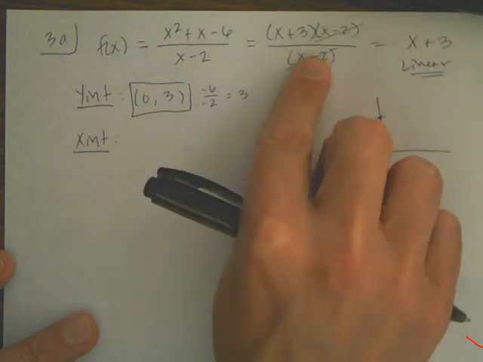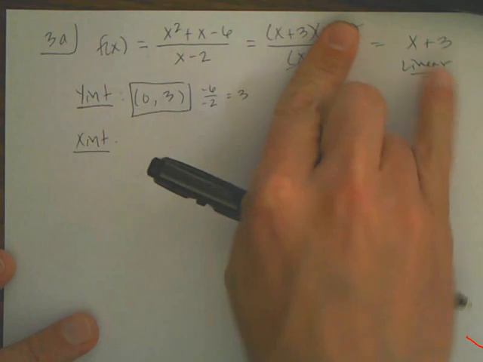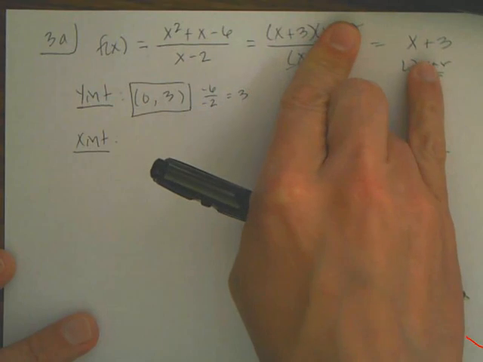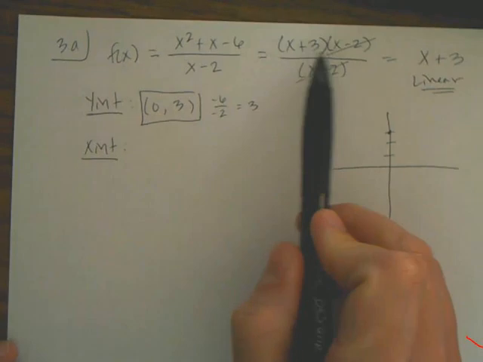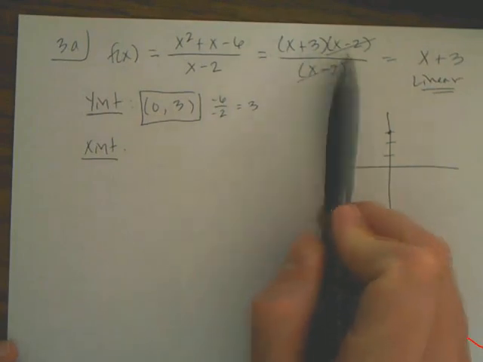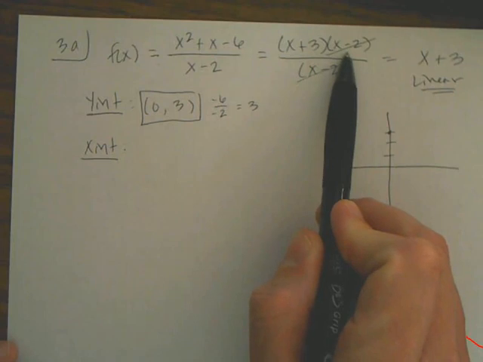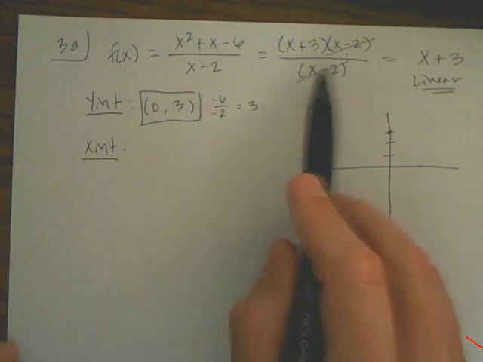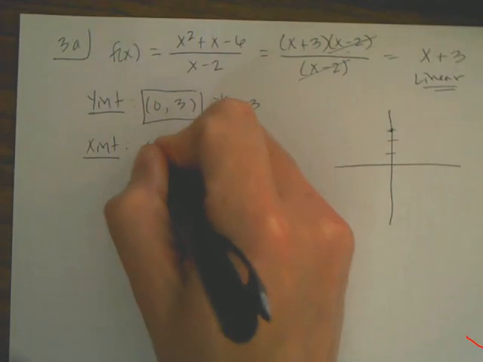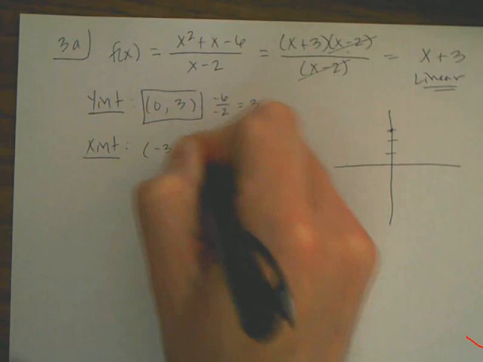So we're really only looking at the x-intercept of this piece. And if you think about it, if I solved this one without canceling first, I would get x equals 2 for one of my x-intercepts. But this part right here shows us x cannot equal 2. So therefore, it's simply negative 3, 0 is our x-intercept.